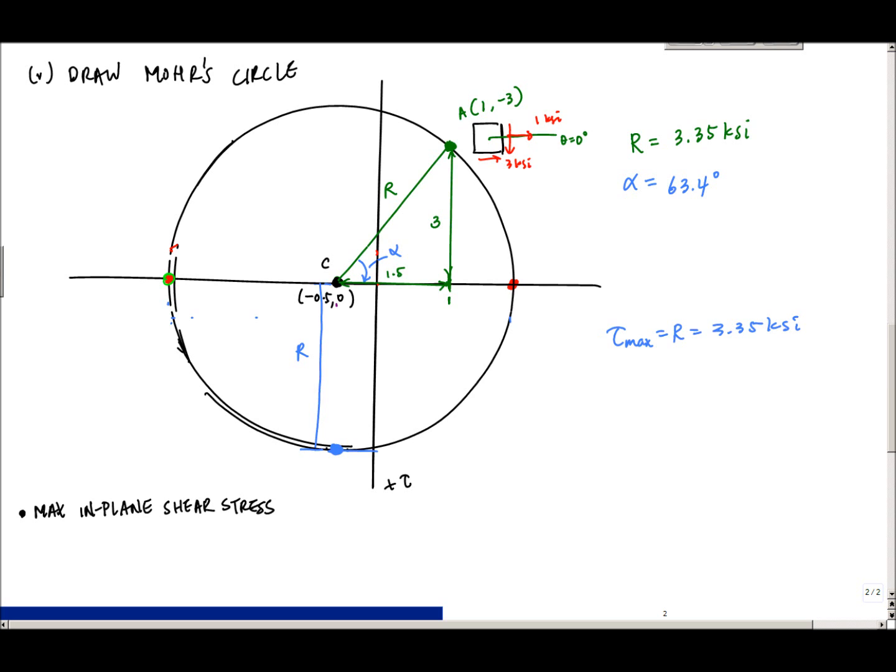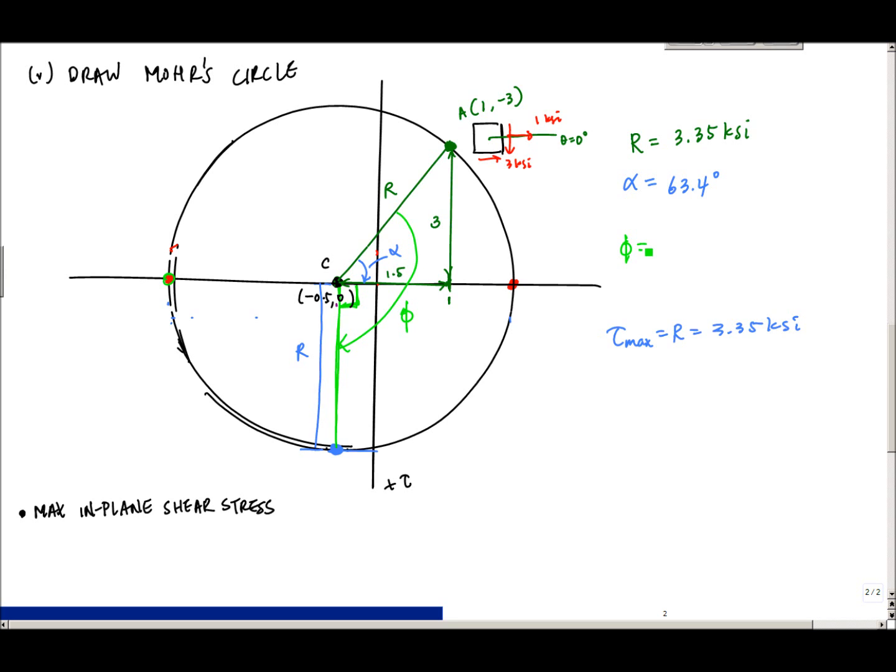There's my 3.35 KSI. The angle for this line right here is alpha plus 90 degrees. This new angle, to go all the way over here, I'll call, let's not call it beta, let's call it phi.